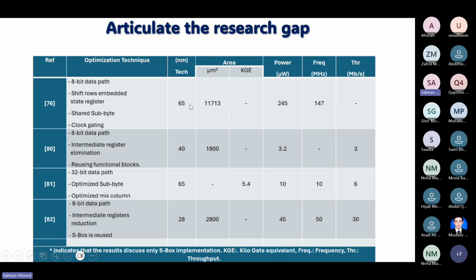In that, I use the technology, the area covered, the power utilization, frequency, and throughput. So these are the matrices that we create for highlighting the work of each and every scientist or researcher in our area. When we focus on a particular researcher, we write all of the matrices that are covered in this.